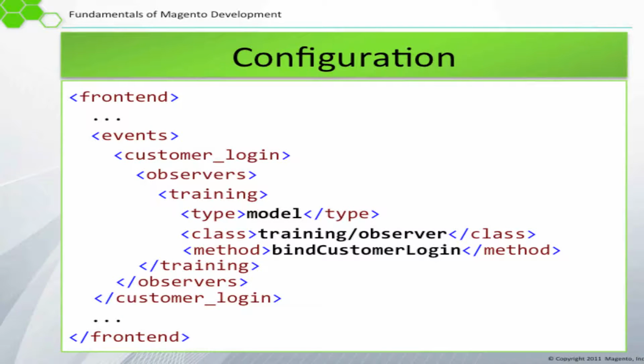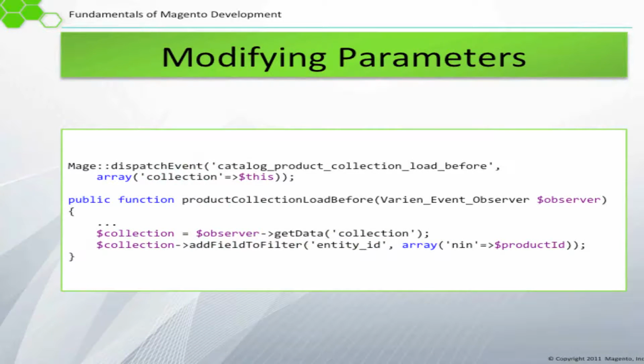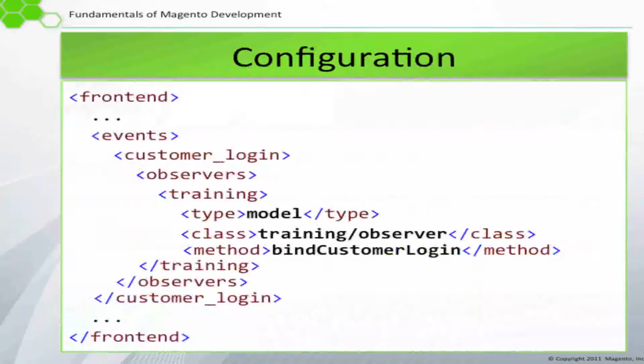So this is the structure of observers: frontend, events. So area and then events, and then the event that's being observed. If I wanted to observe this event, catalog product collection load before, I would specify in my configuration file right here, catalog product collection load before.